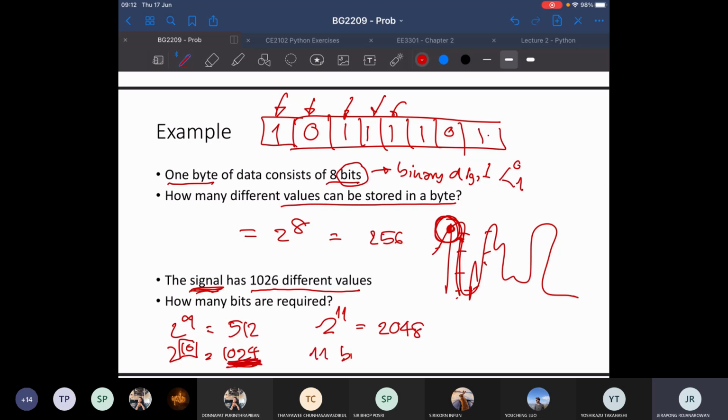So the answer is going to be 11 bits, right? You need to have more than 1026. That's the idea. Another way to do it is you use log base 2 of 1026, and then you round it up.